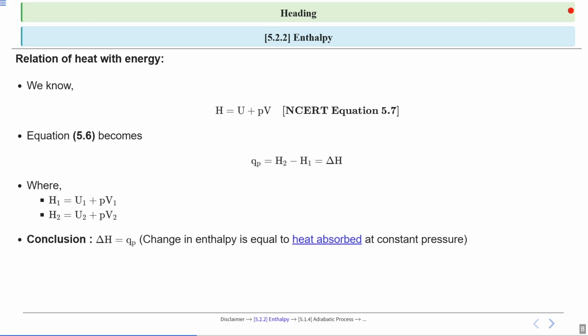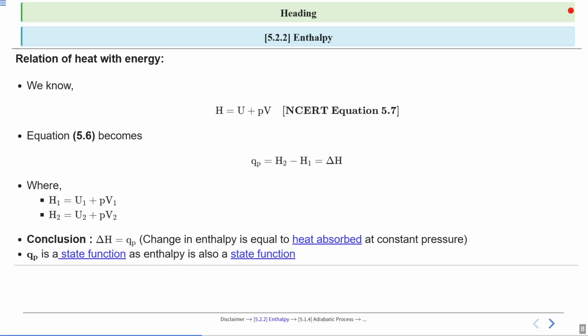So what can we infer from here? We can infer a very important relationship between the heat change and the enthalpy. We can write that heat change at constant pressure will be equal to the enthalpy change. So this is very, very important and it is applicable only at constant pressure.